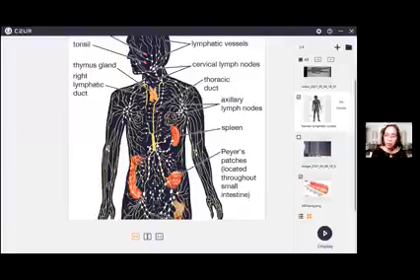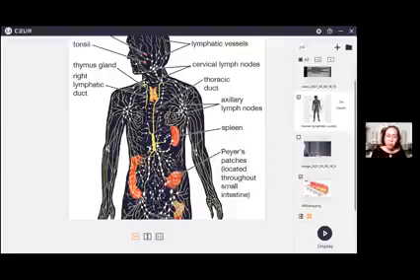This is really very important. Another importance of the lymphatic system, which you should take note of, is that it protects your body from foreign invaders, pathogens, viruses, bacteria. The lymphatic system is a part of the immune system.